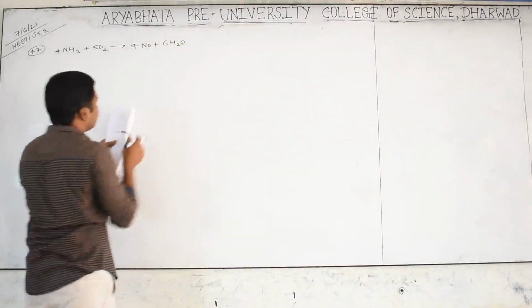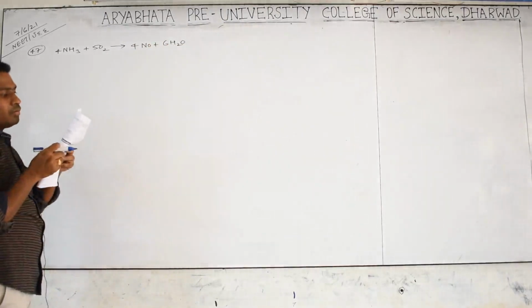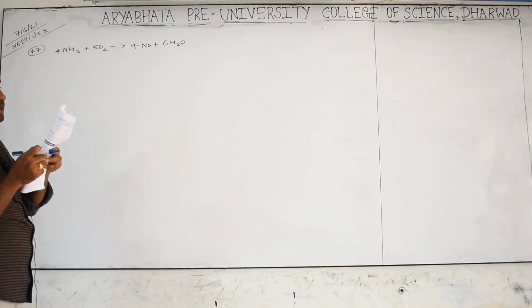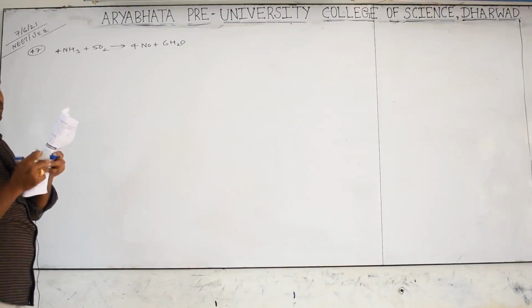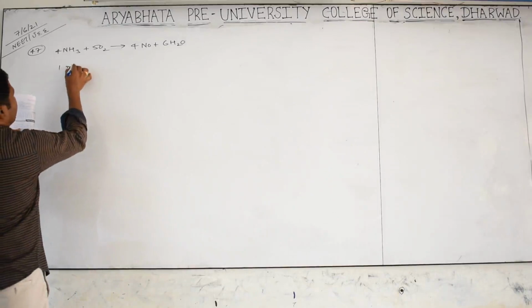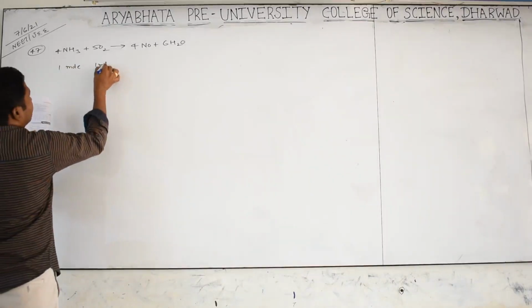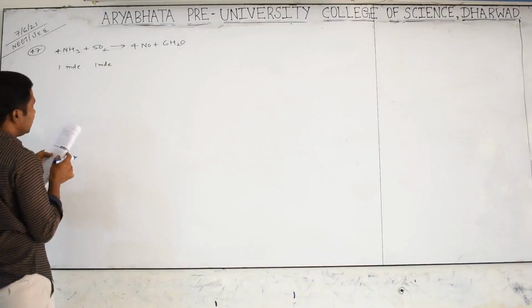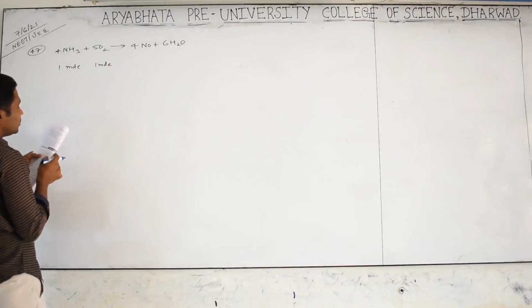When 1 mole of ammonia and 1 mole of oxygen are reacted together to completion, what will happen?